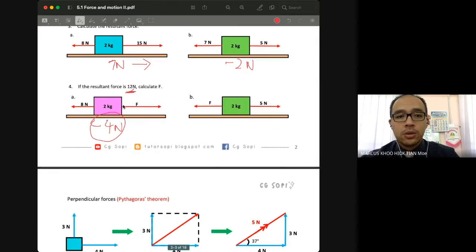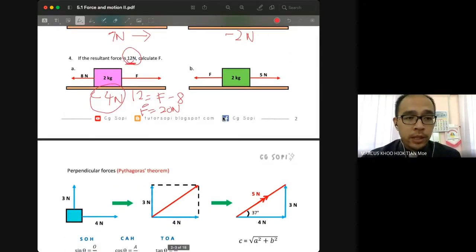So if the resultant force is 12, it means 12 equals F minus 8. So you should get F equals 20 newtons. Okay, read the question properly, be very careful. All right, 4B, Jericho.